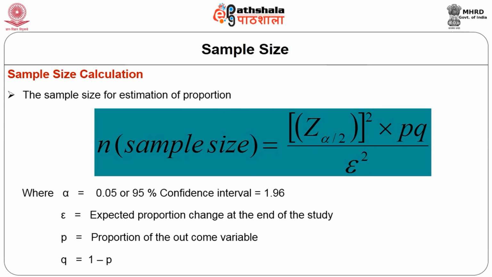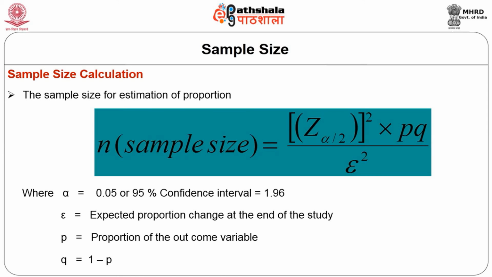In this formula displayed on the screen, you can use whatever prevalence is of interest and calculate the sample size for different prevalences. That is homework for you, and it is easy to calculate.